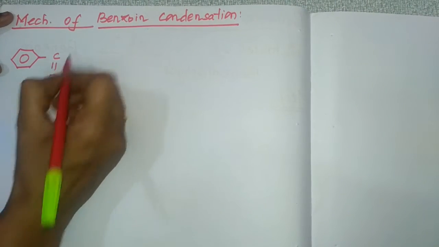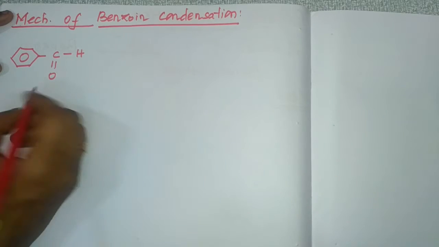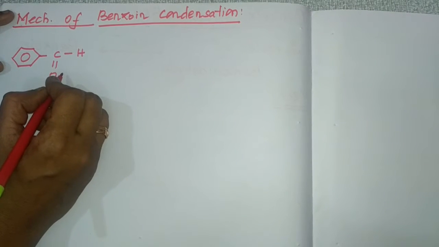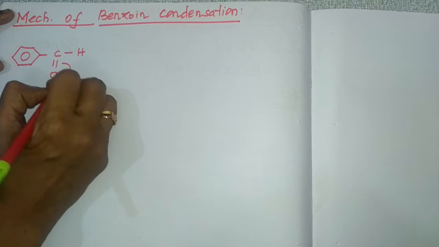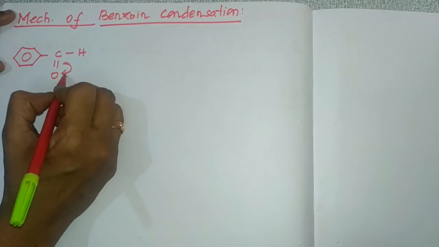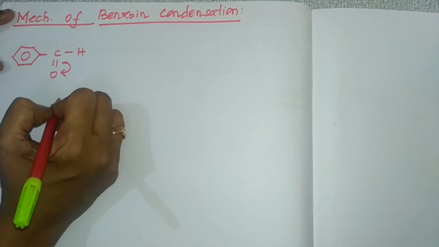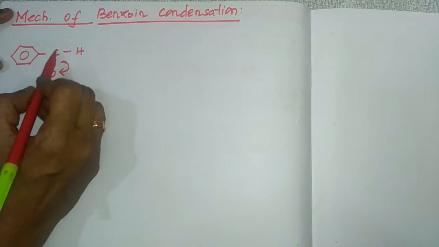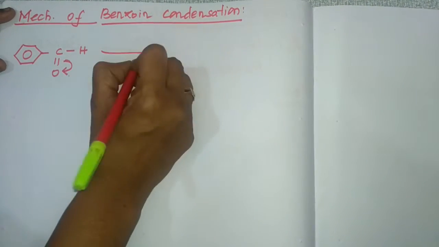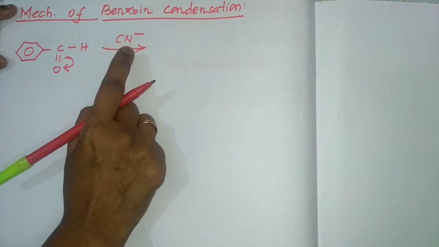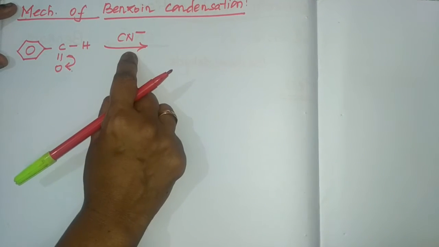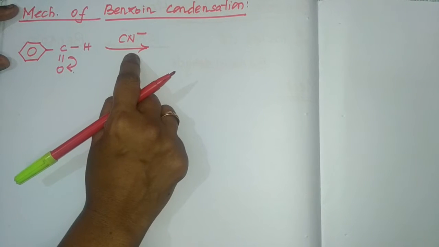C double bond O H. Okay, so in this what happens? The electrons, the bond will form electrons here. And in the presence of CN minus, in the presence of cyanide, this is the nucleophile.